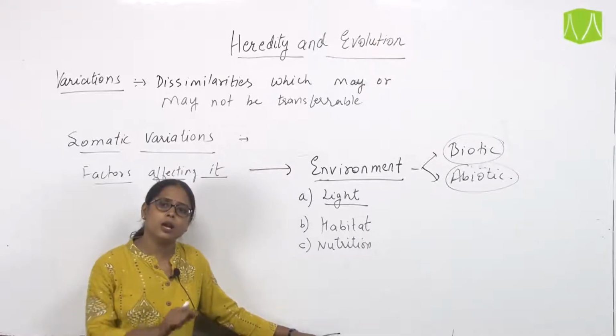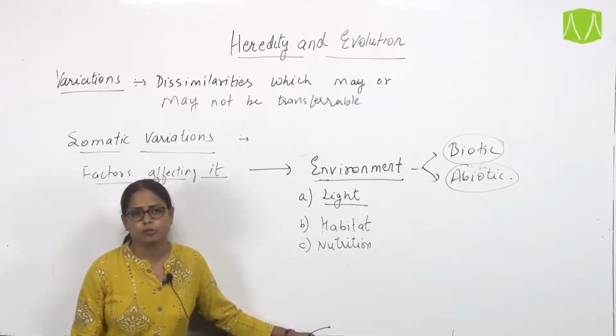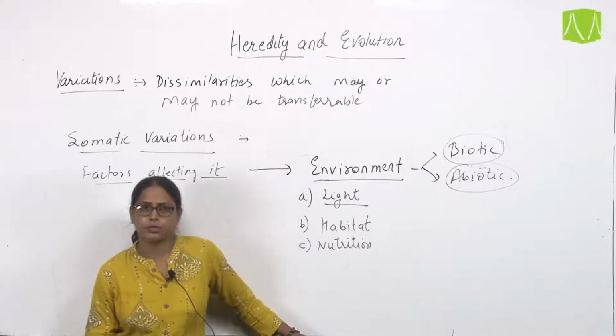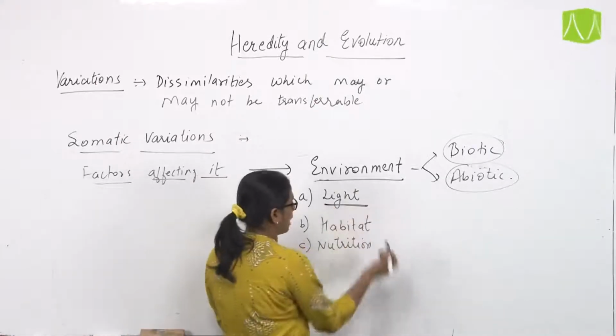But on the other hand, this melanin pigment also helps protect us from the ultraviolet rays of the sun. So due to light, what is happening?